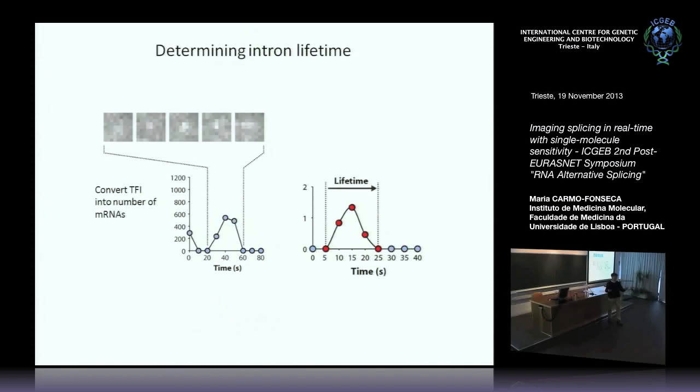into number of mRNAs. And from that point on, we have just concentrated on fluctuations that correspond to about one transcript being made. We selected in the plots from the time lapses those events, those fluctuations that start at zero, background fluorescence, meaning that there was no RNA at this point.